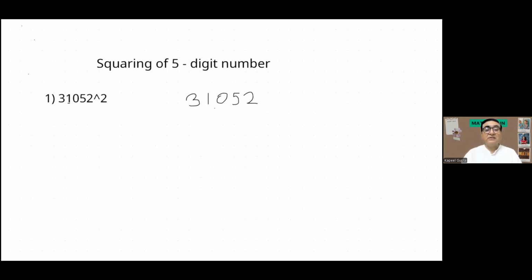I have to multiply these two numbers, that is the first and the fifth digit. That is the pairing. Then the second pairing is of the second and the fourth digit. And the third digit, which is now the only one left, because it is a single digit, we will simply be squaring it.